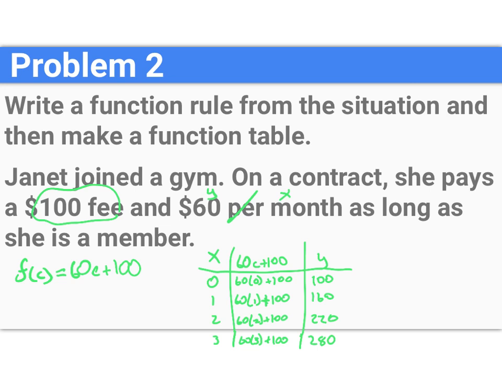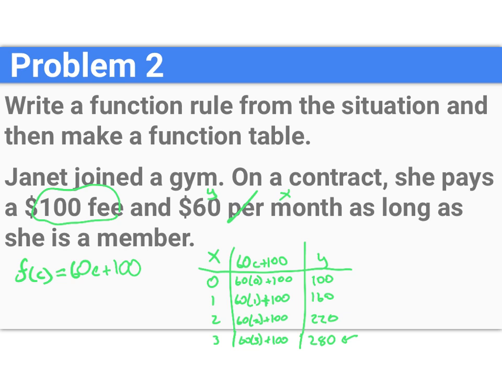Overall, that's what she would have paid after 3 months in total. She will pay $60 each month, but this is what she spends overall, $280 after 3 months of membership. So it's not what she pays each month.